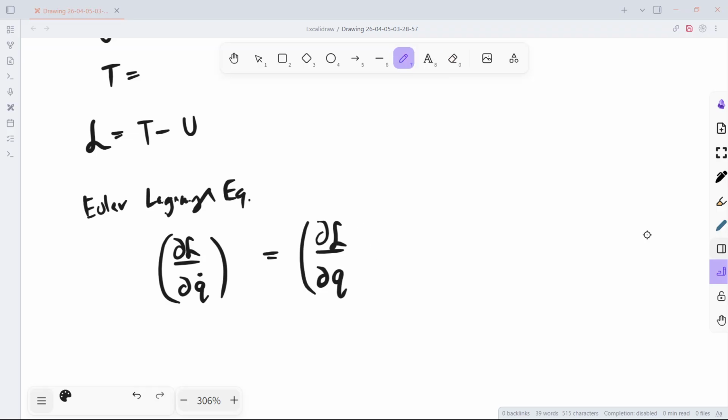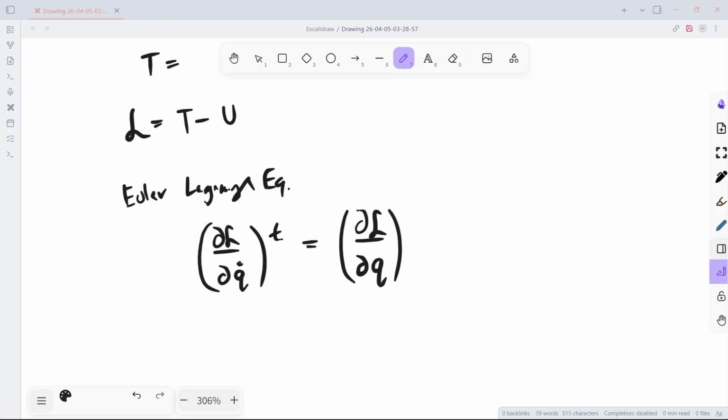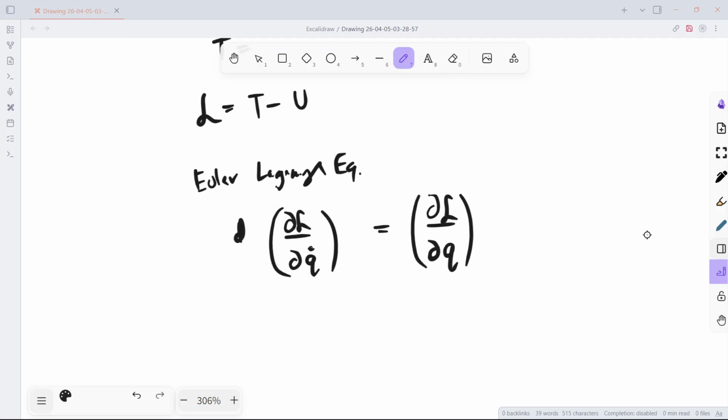But you will notice there's a time derivative here, which means there's a d/dt here. In the units there's a t here, so we must divide by t.